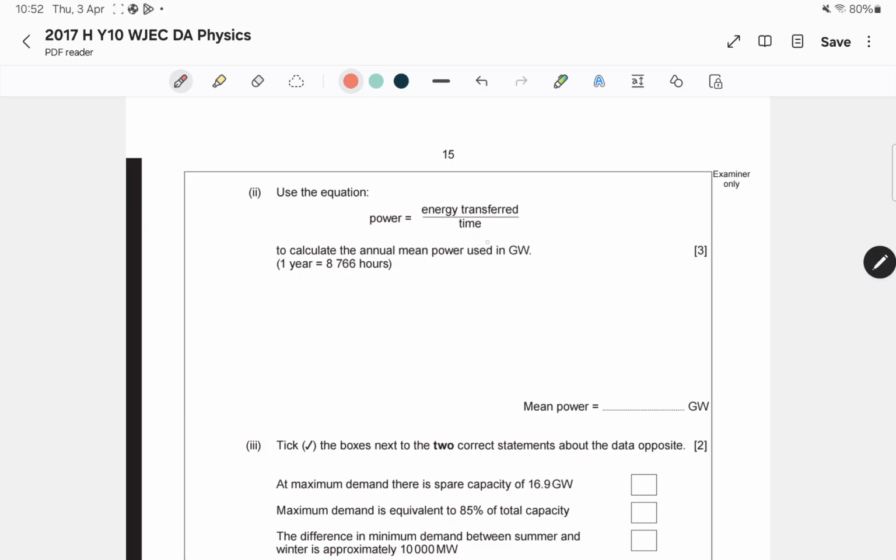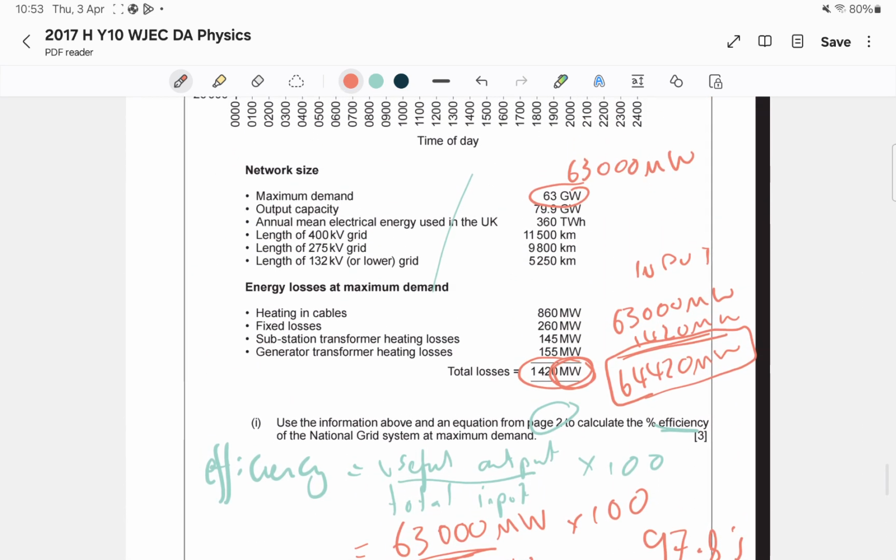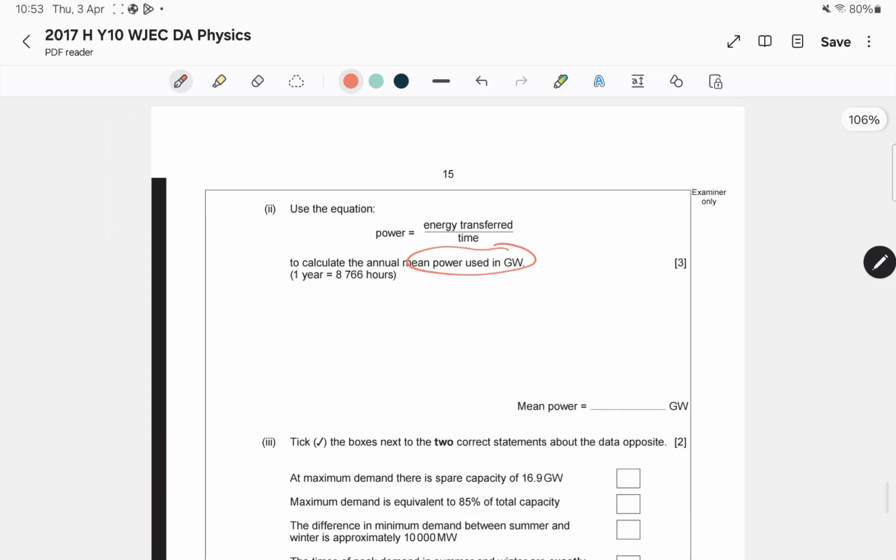So we want the mean power used in gigawatts. Hopefully this will be easier. So the mean power used in gigawatts. Oh, here we are. This number here, look, is actually used. Oh, that's terawatts. So 360 terawatt hours.